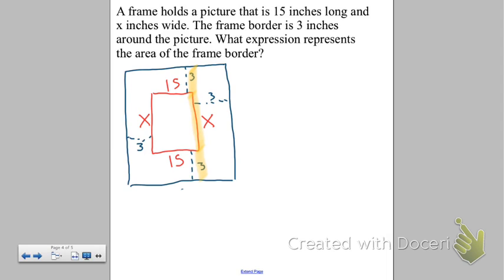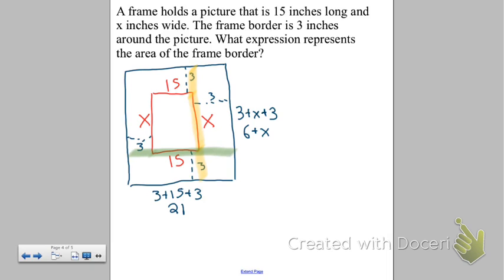So this part would be 3 plus x plus 3, or I can combine these like terms and make this 6 plus x. Now on the other side, this is 15, this is 3, and this is also 3. So this can be 3 plus 15 plus 3, or 21.